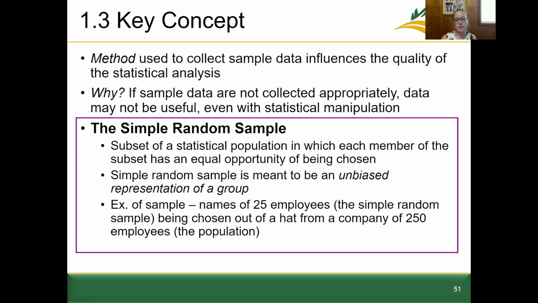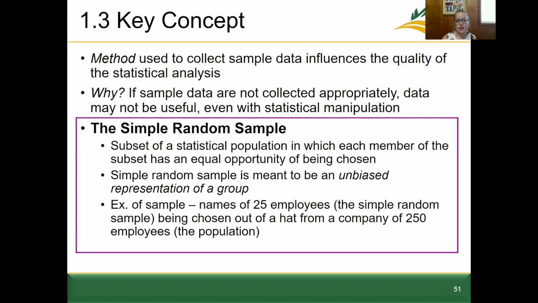Okay, so simple random sample, it's a subset of a statistical population in which each member of the subset has an equal opportunity of being chosen or selected. Okay, so it's random. It's intended to be an unbiased way of sampling.